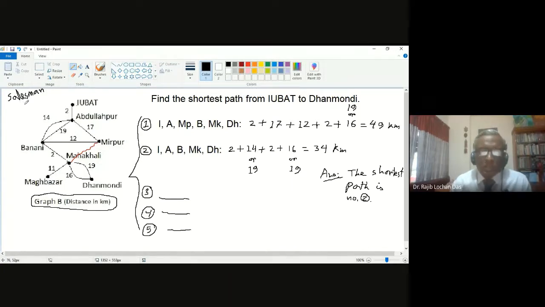Nowadays it is Foodpanda people, delivering products door to door. So how will they choose the shortest path if they want to go from one place to another? Which one will be the shortest path? Your computer application will find out the shortest path for the person.